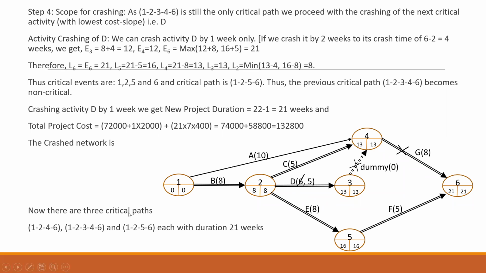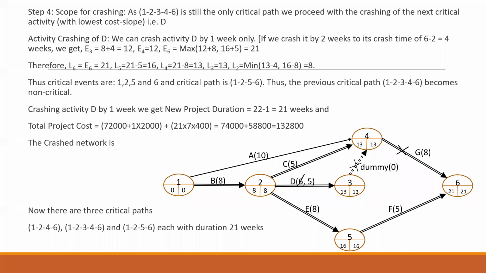Then we have 4 and 6. 4 and 6 cannot be crushed further because you can see I have already put a cross there. The optimum crushing has already been done by 4 weeks. Dummy cannot be crushed. Next, because F is left, C, D, and F can be crushed simultaneously.